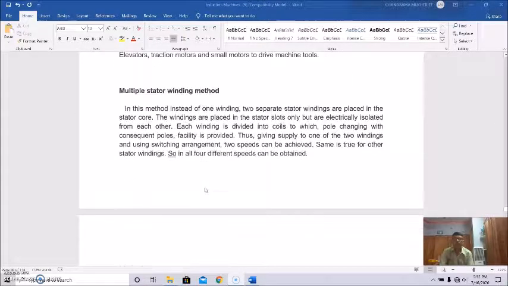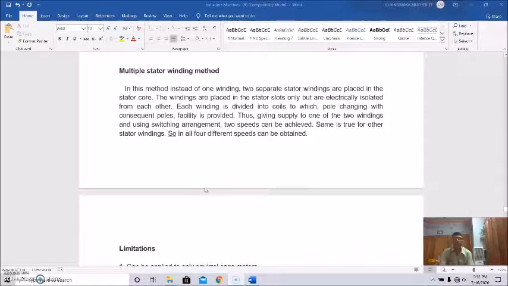The multiple stator winding method is a method where, instead of one winding, two separate stator windings are placed in the stator core. The windings are placed in the stator slots, but are electrically isolated from each other.